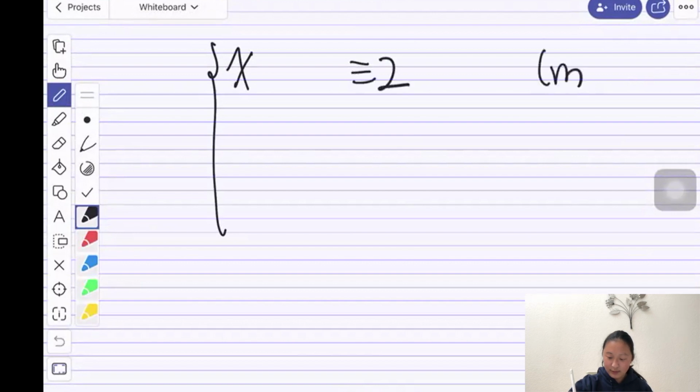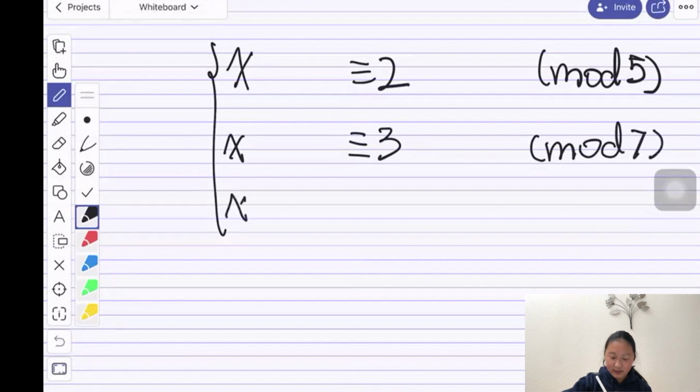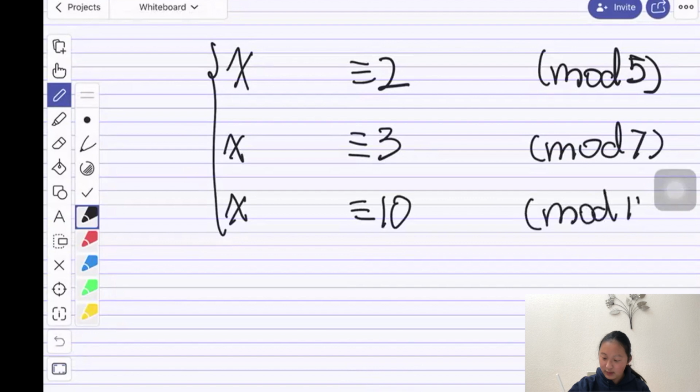Remember, we have x is congruent to 2 mod 5, and x is congruent to 3 mod 7, and x is congruent to 10 mod 11.